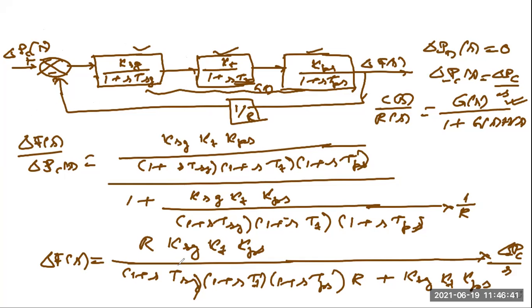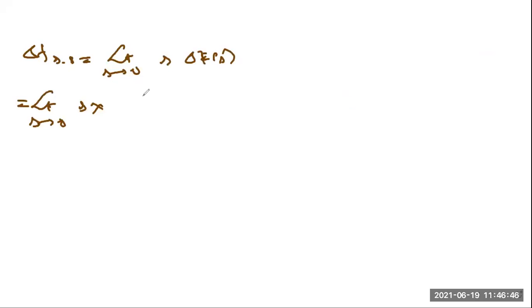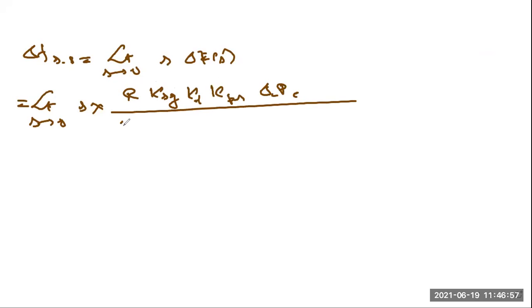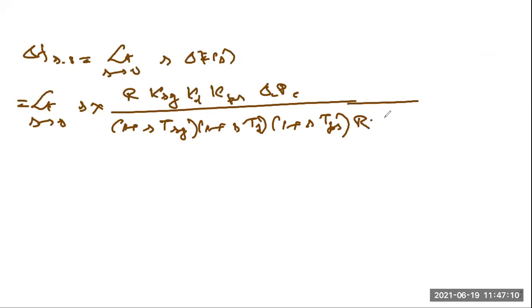So that means this term is R into KSG KT KPS into delta PC divided by 1 plus STSG into 1 plus STT into 1 plus STPS into R plus KSG KT into KPS, into 1 by S.